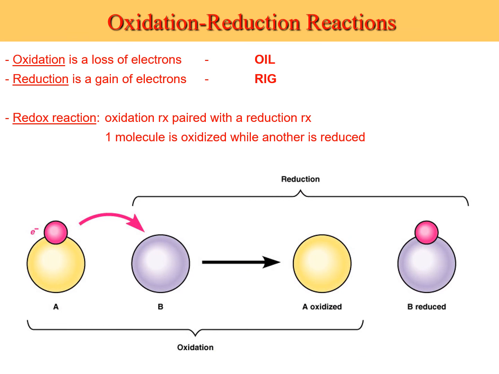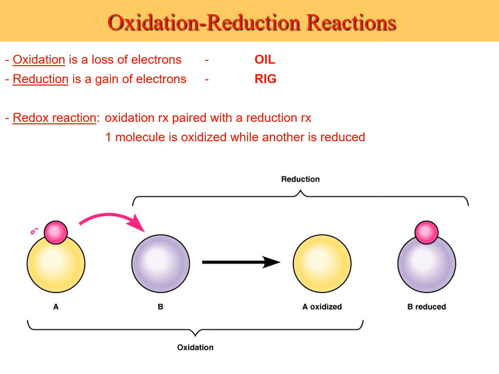Okay, let's talk about another general class of biochemical reactions. These are general terms to describe reactions in relation to their use of electrons. Again, this is review. You should have done this last year, covered it in anatomy and physiology, but I'll go through it again.